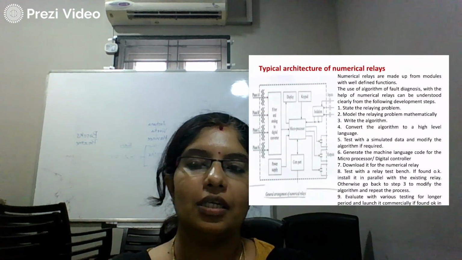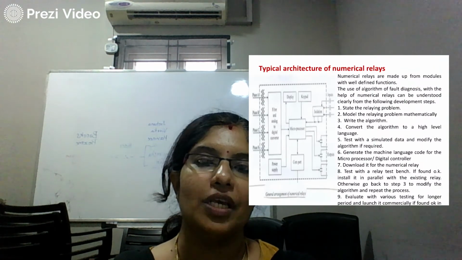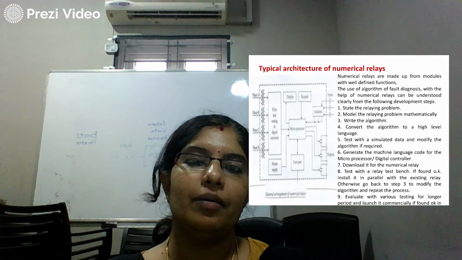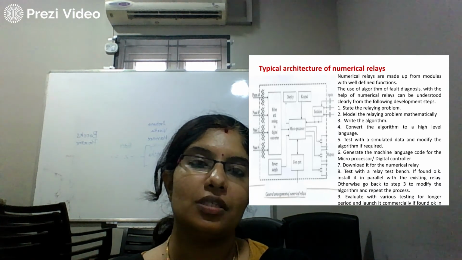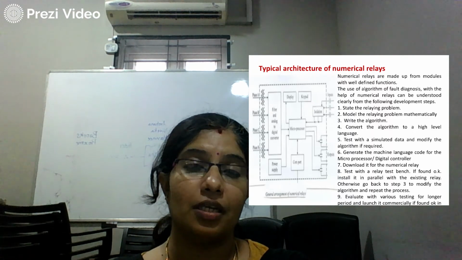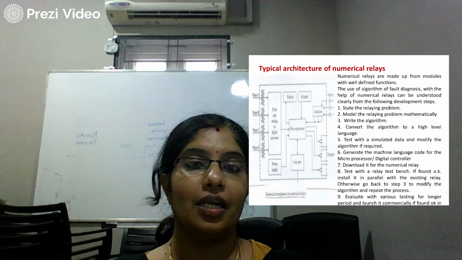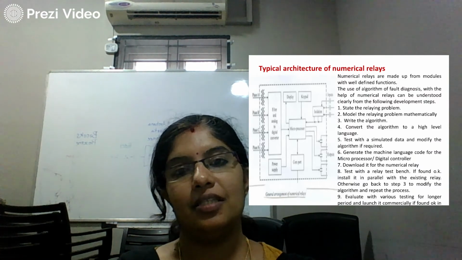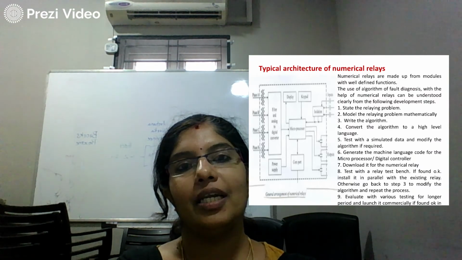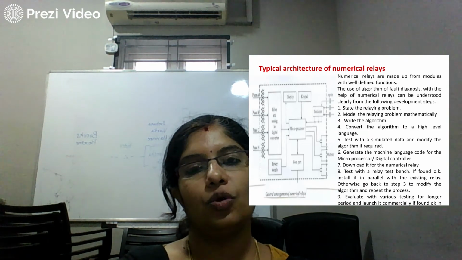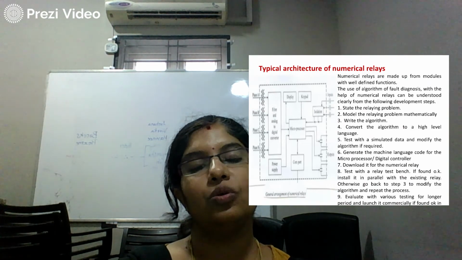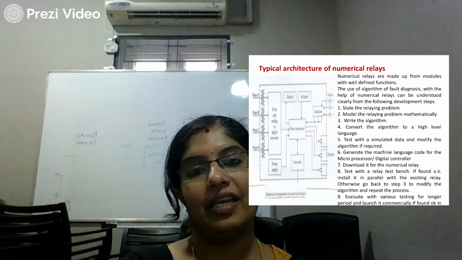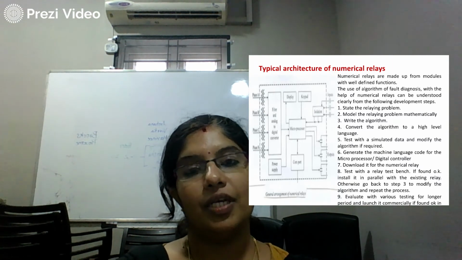So this is the architecture of your numerical relay. You have a processor here. Before the processor processes, first the analog signals have to be converted into digital, because the processor can understand only binary values, that is, zeros and ones. The input we get, the current or voltage from the source, is analog, because it is continuous and varies with time.